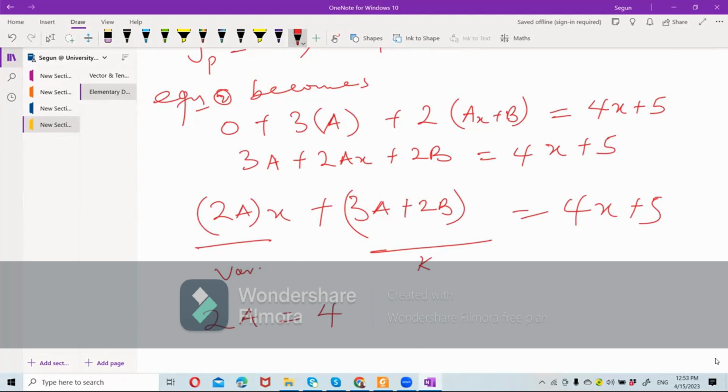Do you agree with me? Don't be confused. I'm doing comparison. Anyone with x, marry them with x. Don't forget, when you marry them, the x will cancel out.